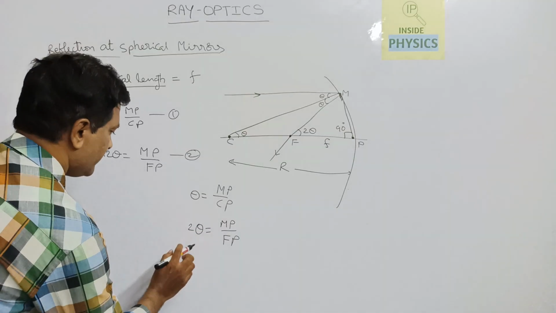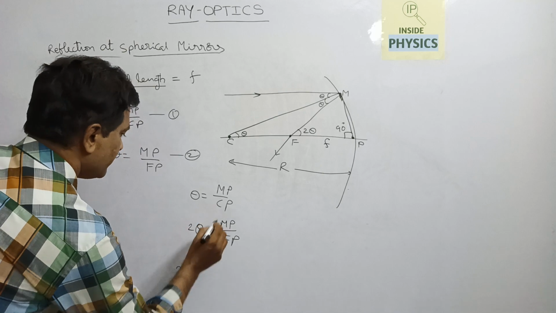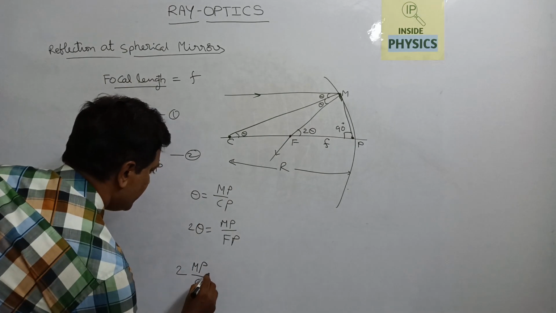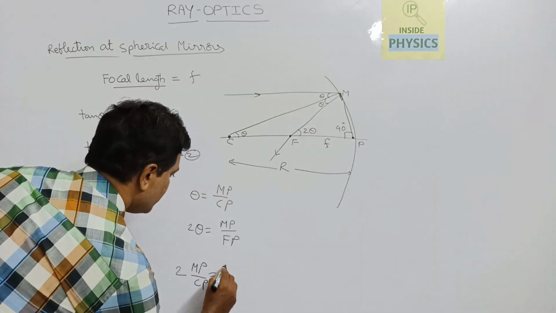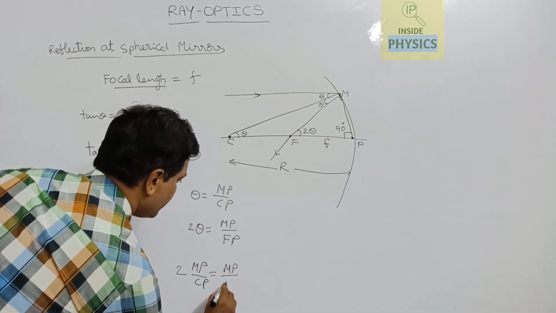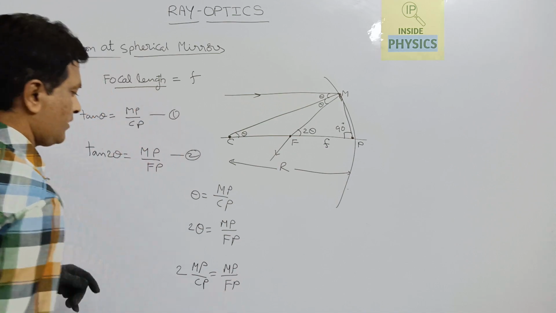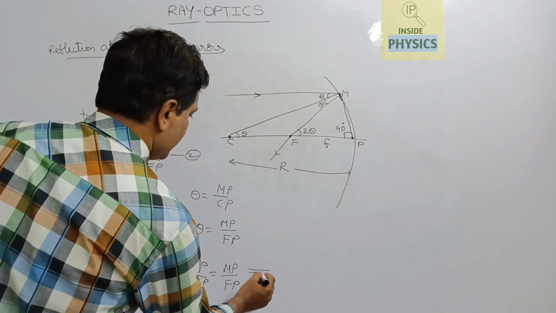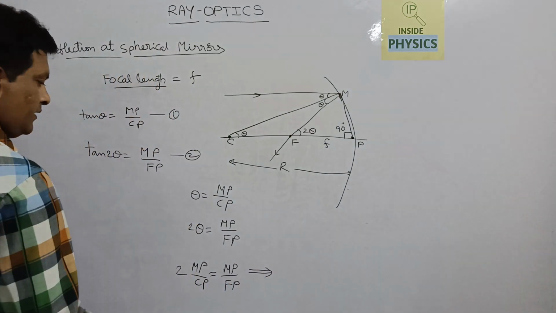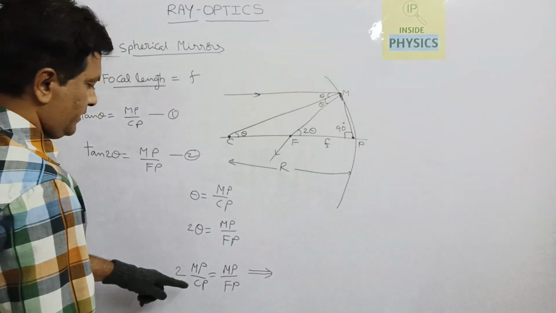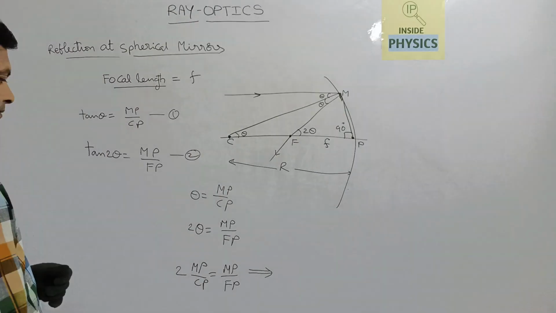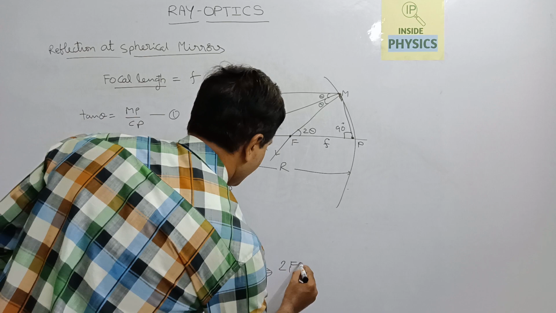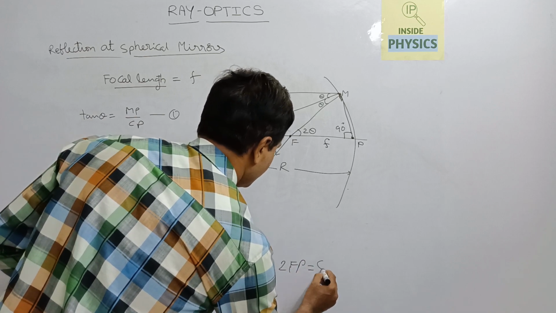In place of theta, put MP by CP, so MP by CP is equal to MP by FP. MP gets cancelled, and we can rewrite this equation as 2 FP is equal to CP.